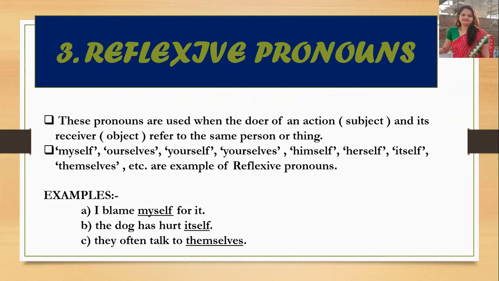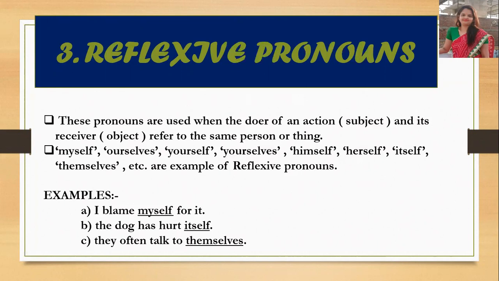And object, it means the one for whom you are talking about. That is the object. It refers to the same person or thing. Now the pronouns myself, itself, themselves are examples of reflexive pronoun. Now see, if anyone asks you what do you mean by reflexive pronoun?